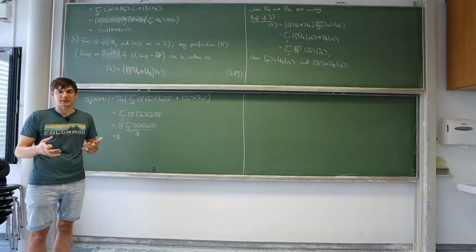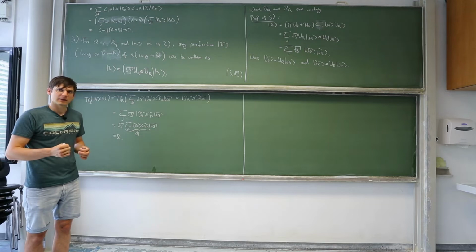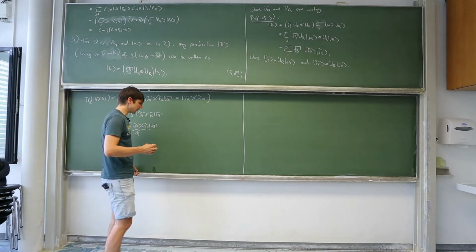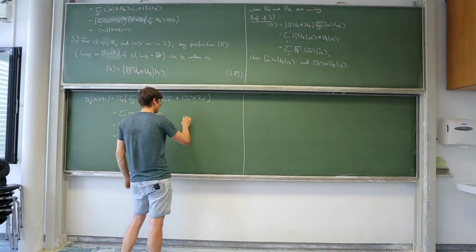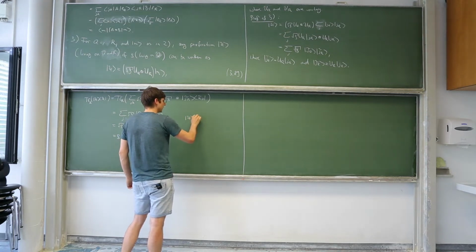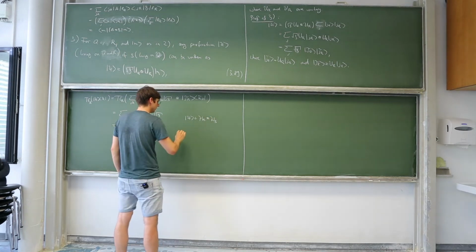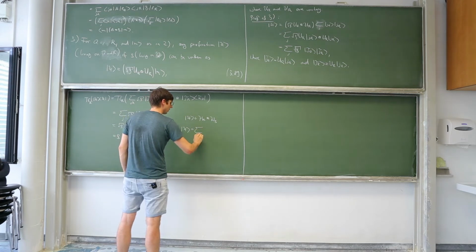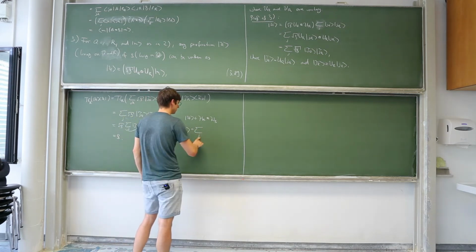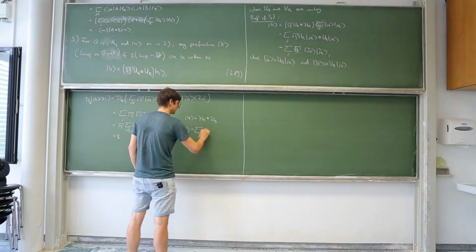Schmidt decomposition tells us that we can always write a bipartite state psi living on HA tensor HB in the form of a sum over j, and then we have the Schmidt coefficients. I think we introduced it as square root of lambda.